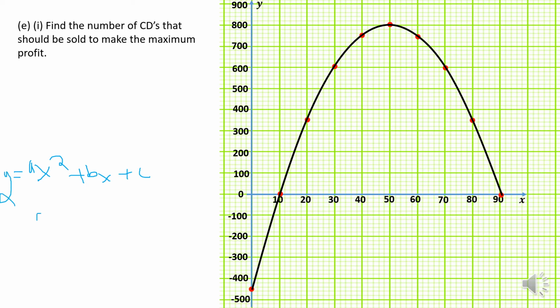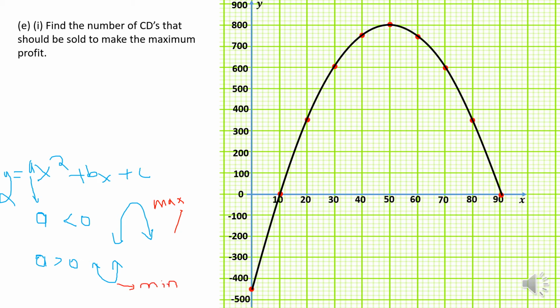So what we are saying is that if a, which is this one here, is less than 0, your graph is going to take that particular shape. If a is greater than 0, then your graph will open up. So in this particular case, we are having a maximum, and in this particular case here, we have a minimum.